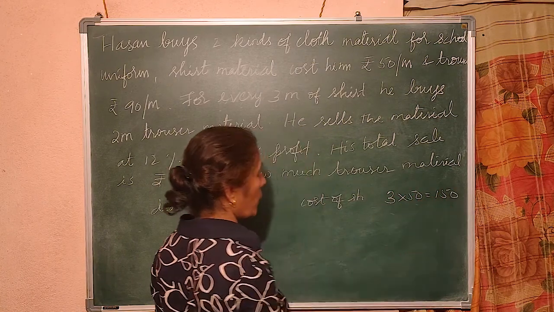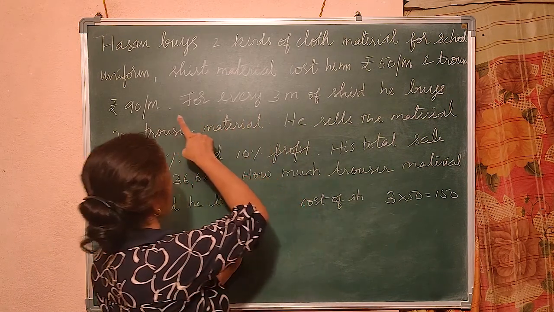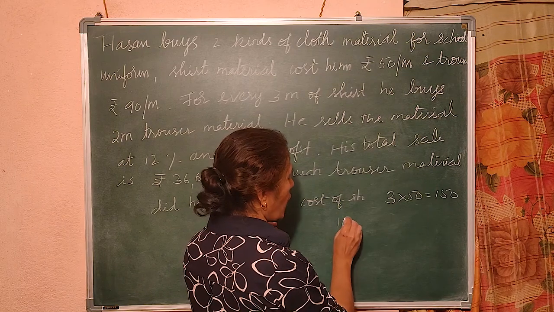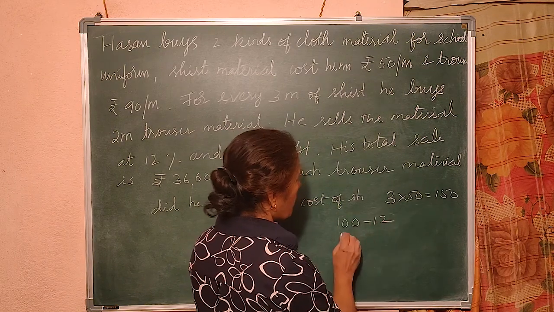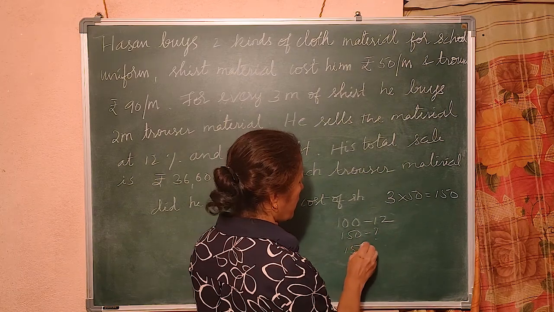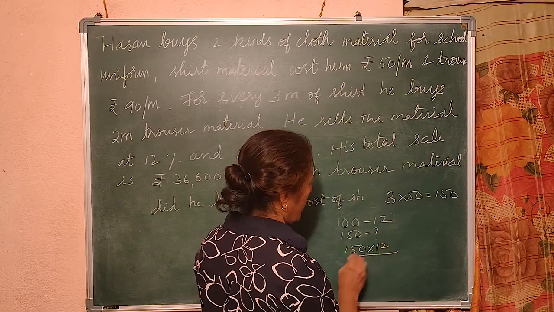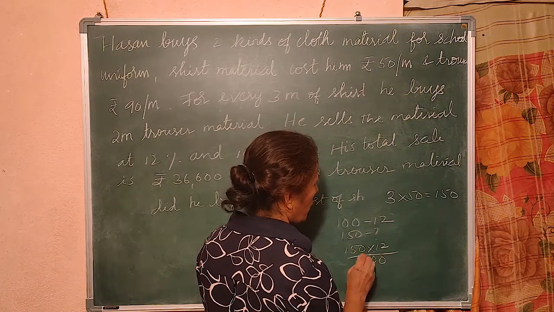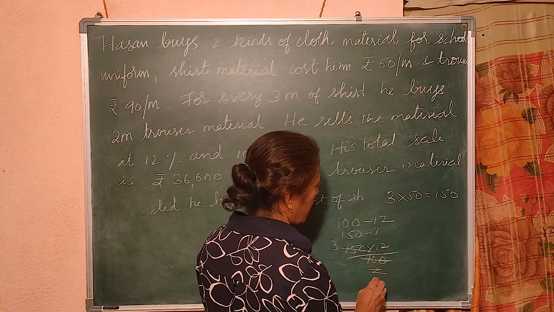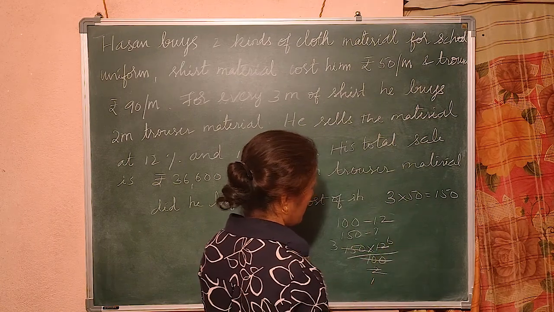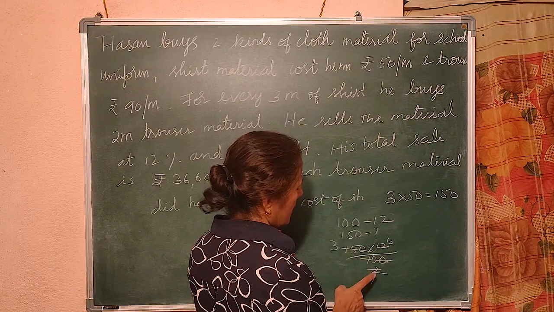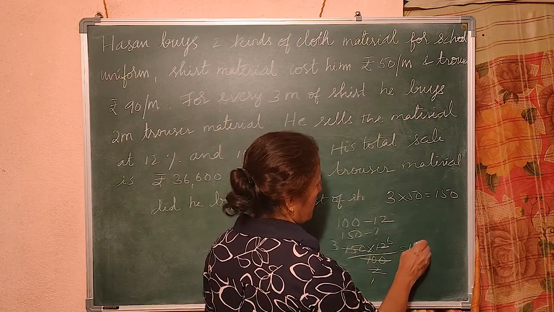150. So, he sells it at the rate of 12% profit. So, for 100 it is 12. For 150, how much he takes? So, 150 into 12 divided by 100. 5 twos are 10, 5 threes are 15, 3 sixes are 18.